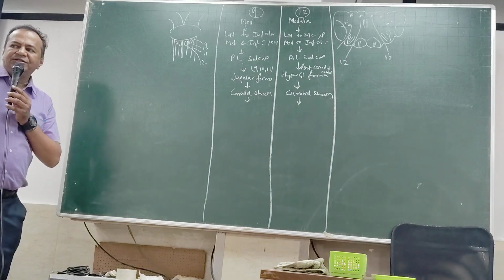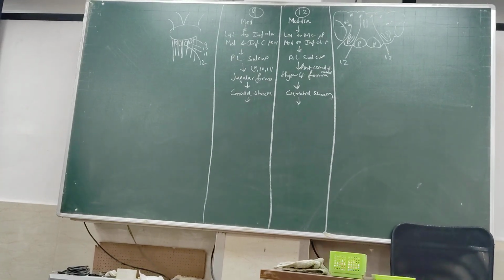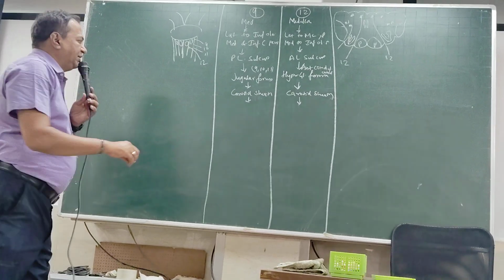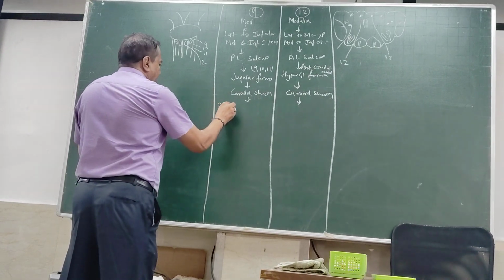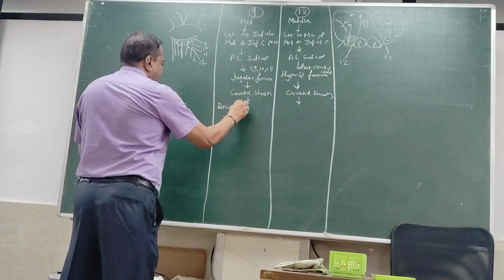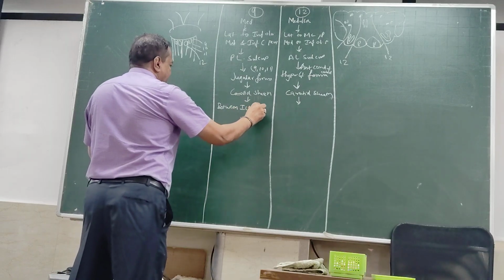As they leave the carotid sheath, the glossopharyngeal nerve passes between the internal carotid artery and external carotid artery.